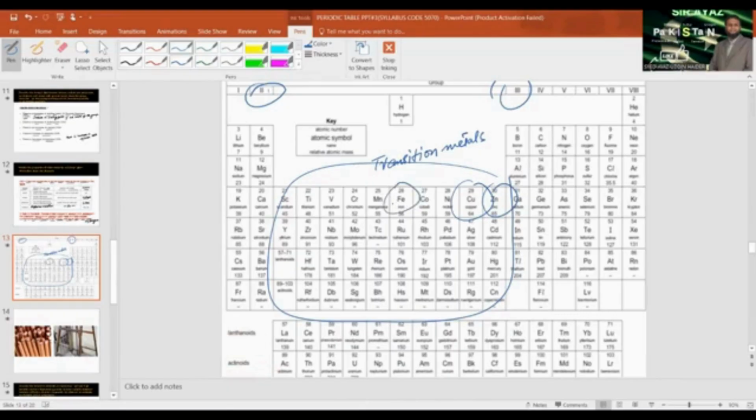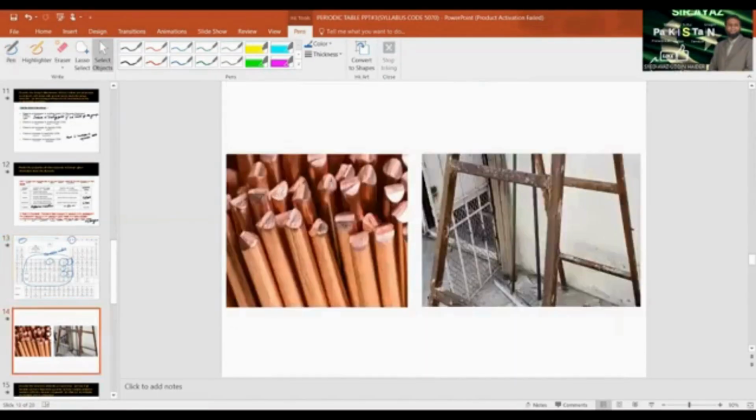These are very common. Gold, silver, these are also common. And another transition metal which is used in thermometers is mercury. The symbol of mercury is Hg. Here it is, mercury.